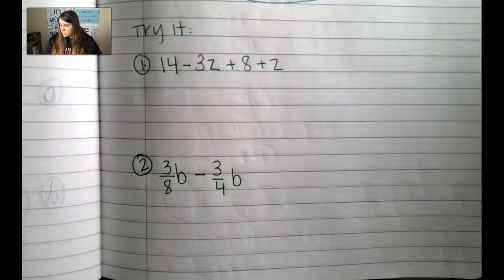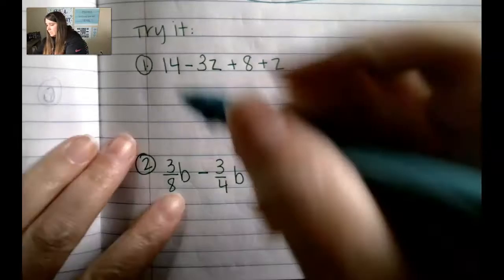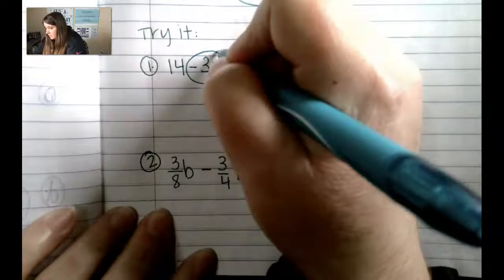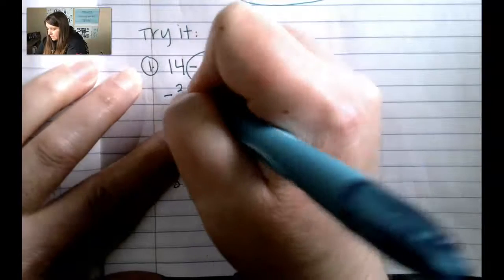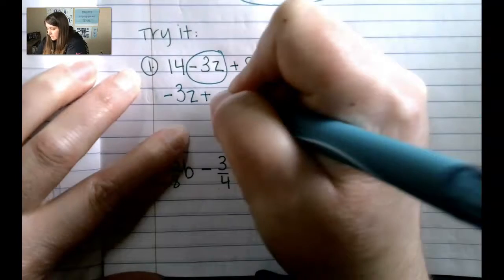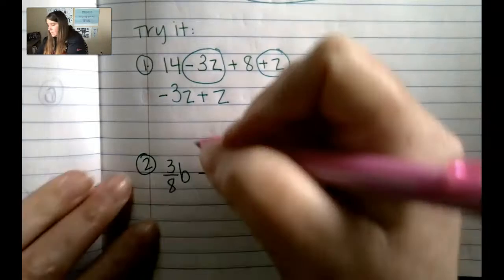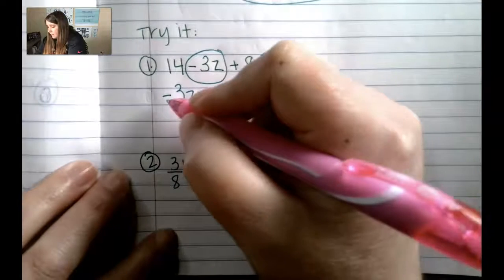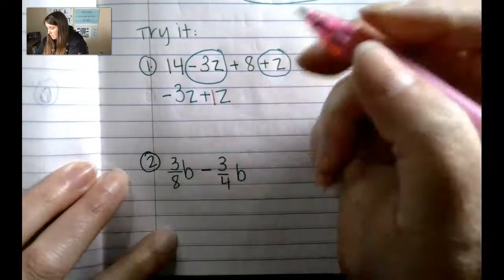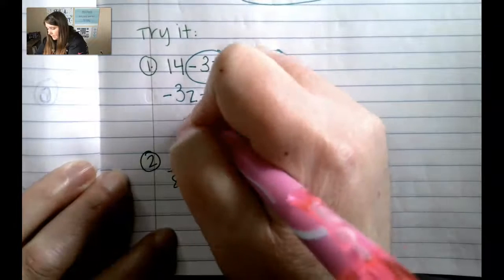All right, number 1, we're going to go ahead and combine the things that are the same. So I'm going to start with my z's. Here's a z and here's a z. So this is negative 3z plus z. I know that this is an invisible 1 in front. So when I have negative 3 plus 1, I have negative 2 z's.